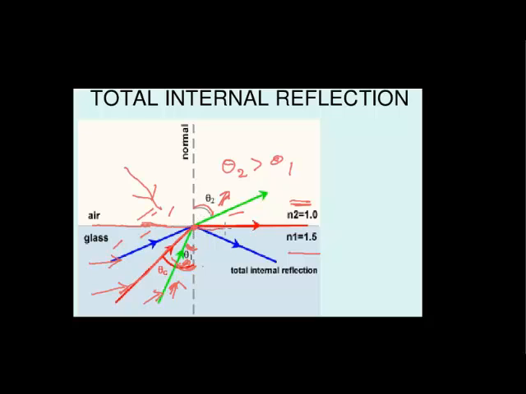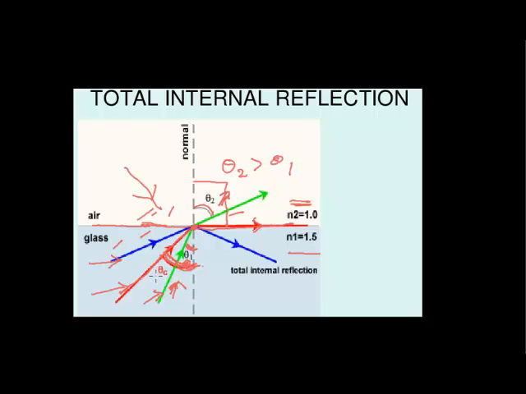The light ray will follow this path and it will make a 90-degree angle with the normal. So that particular angle of incidence is known as the critical angle, at which the refracted ray will make a 90-degree angle with the normal, or it will go perpendicular to the normal.